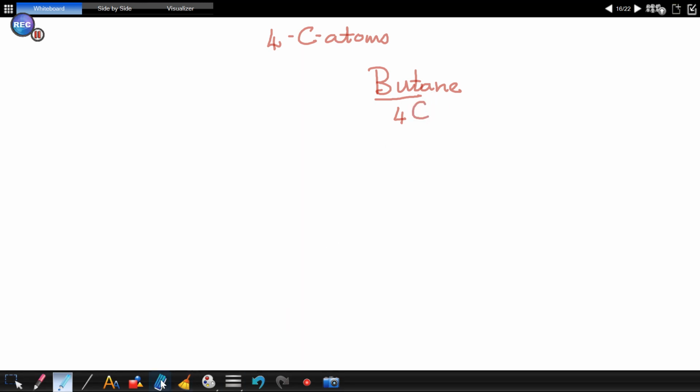Okay, so what would it look like? 1 carbon joined to another carbon, joined to a third carbon, joined to a 4th carbon. Okay, saturated, only single bonds between the carbon atoms.